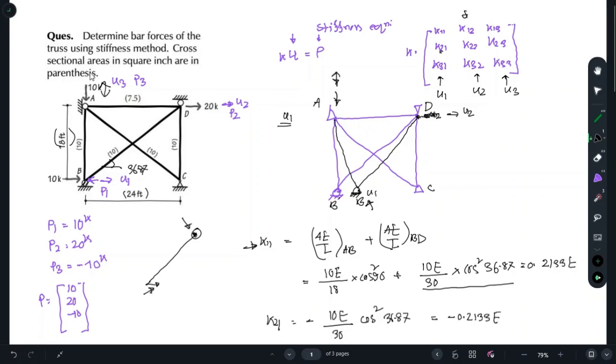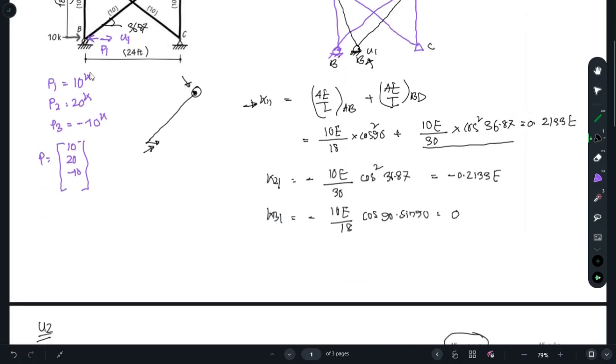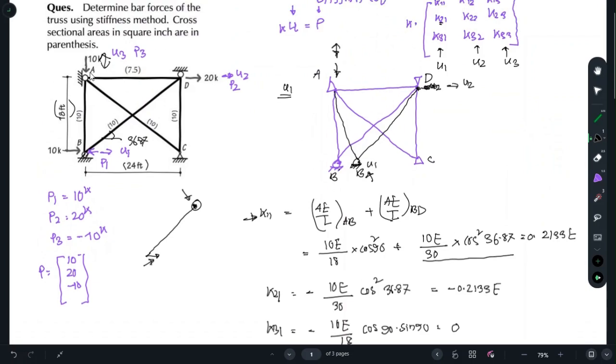So how do we find out K12, K22, and K32? For that, we have displacement at U2, and we'll lock every other joint, making that pinned. So we'll have a roller support right over here, and every other support will be pinned.